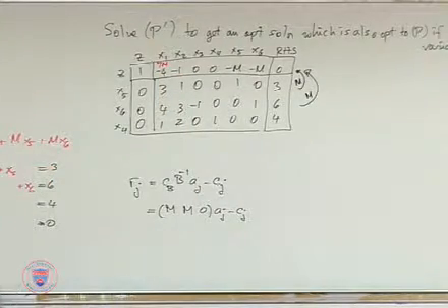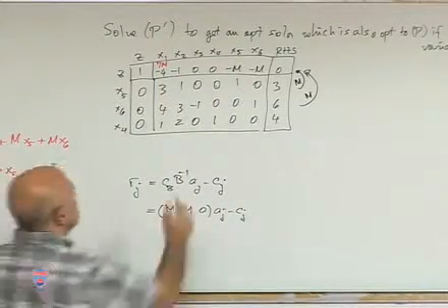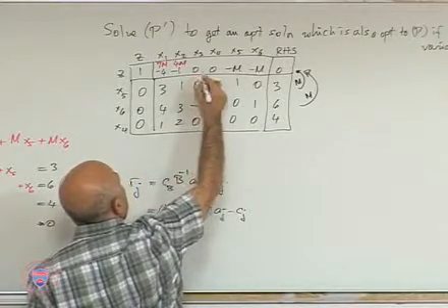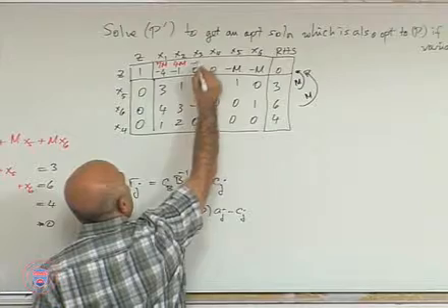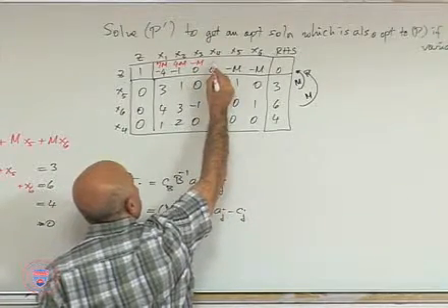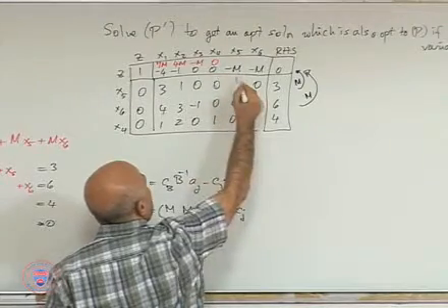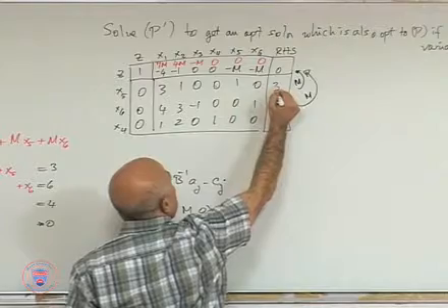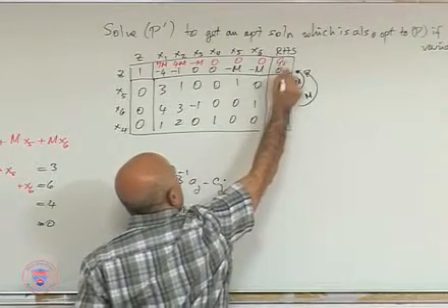The minus 4 stays there. This one gives you 4M minus 1. This gives you minus M. This is still 0. This one is 0. This one is 3 plus 6, 9M.